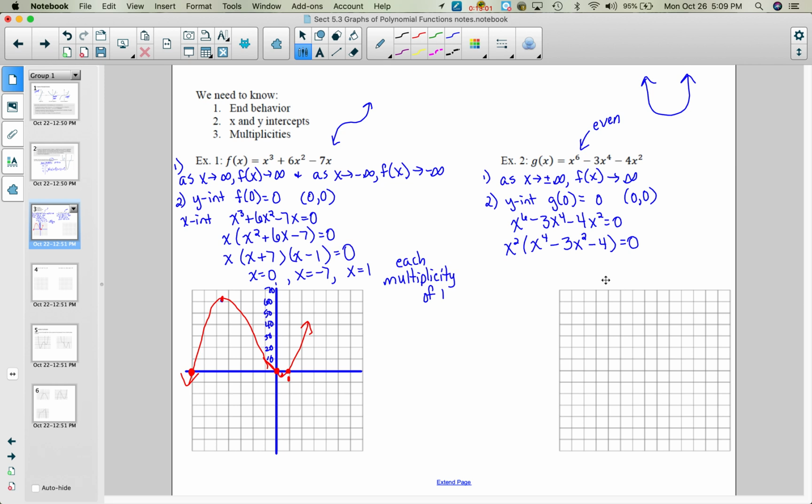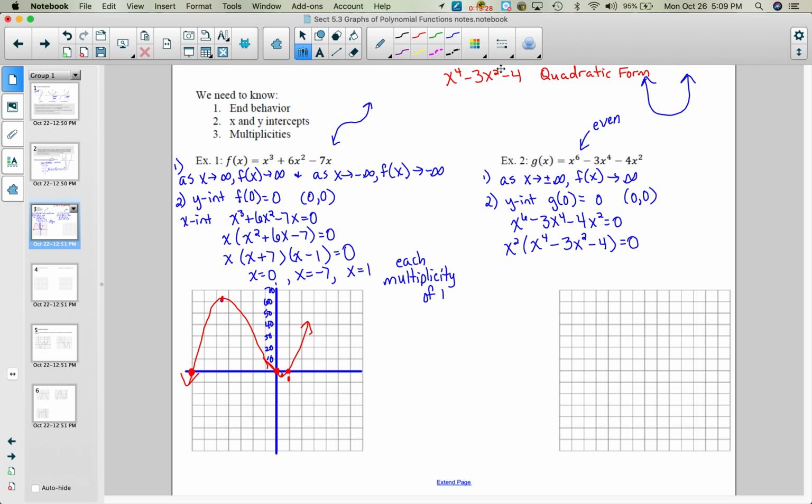All right, now this is going to be a little tricky step right here, but we've talked about this before. I think I'm going to come up here and do this problem off to the side. This x to the 4th minus 3x squared minus 4 is called quadratic form. We did that earlier this year, and we did it last year as well.